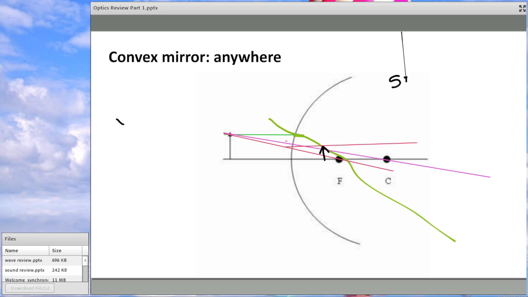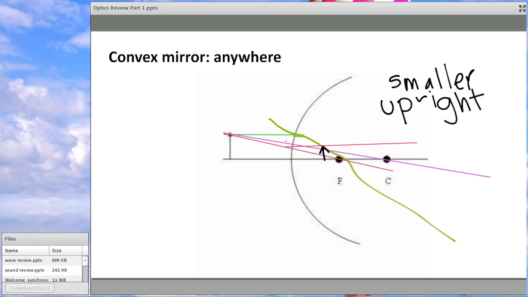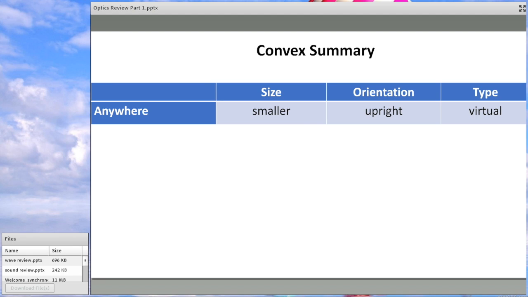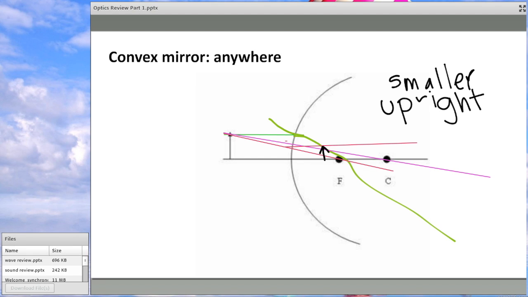It's going to be smaller. It's going to be upright. And then, I want to make sure I get it right. Yeah, and then it's going to be virtual, because it's not where your object is.